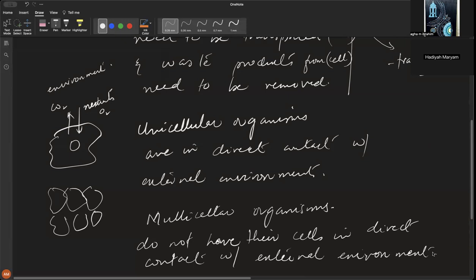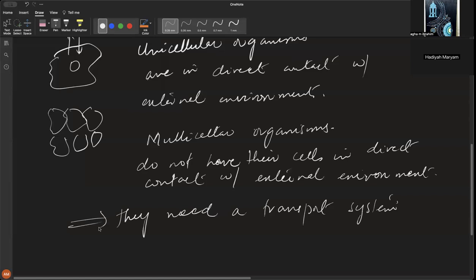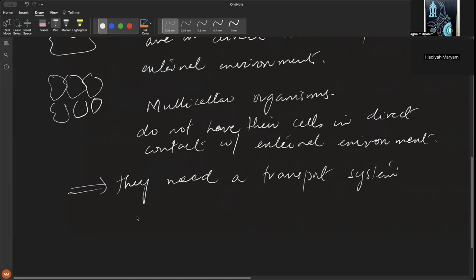So what do they do? So what takes place? They need a transport system, right? A transport system that can take all the waste.